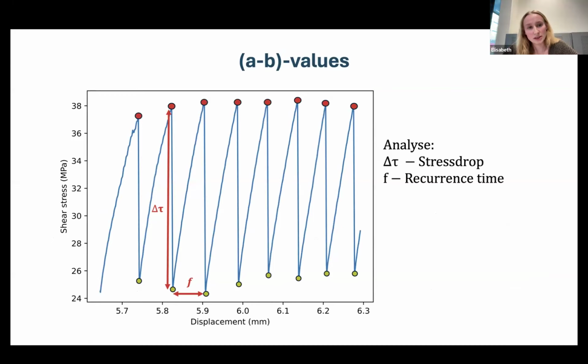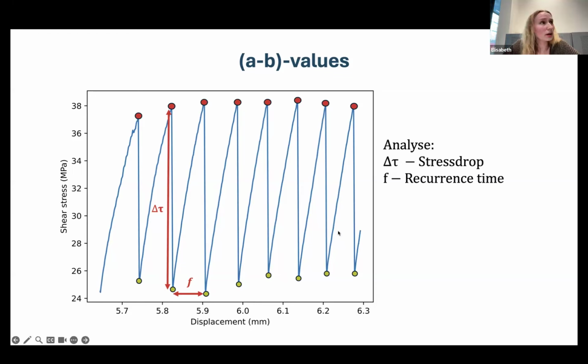I calculate the A minus B values from the mechanical data, but since we have stick slips, the dolomite gouge exhibits stick slips at some temperatures, we also wanted to calculate the A minus B values from the stick slips. Therefore, for a certain velocity I'm calculating the stress drop and the frequency or recurrence time.